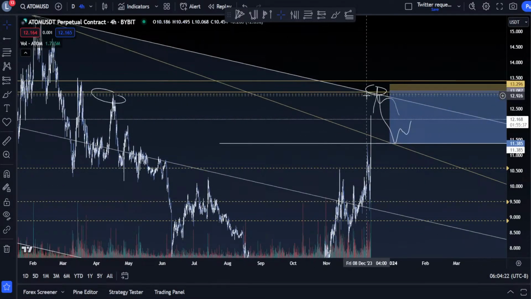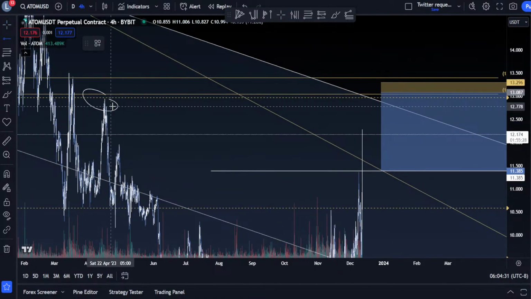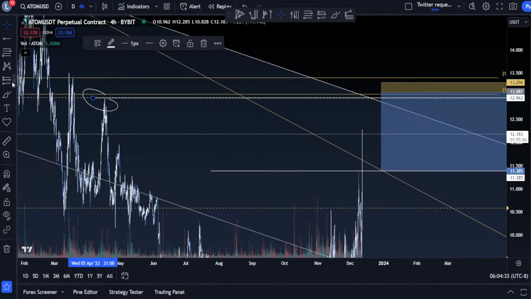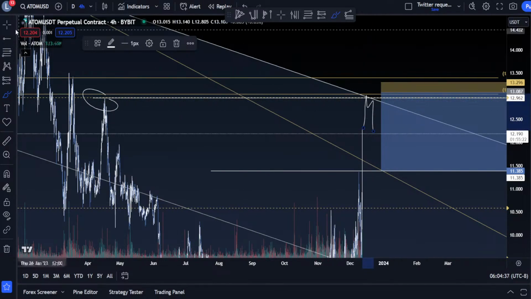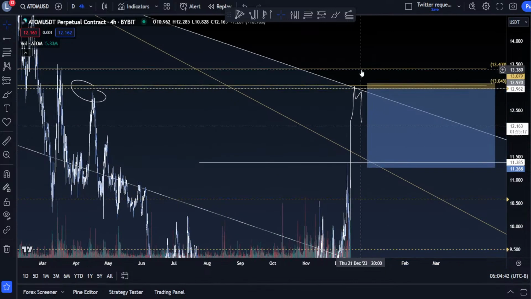I'd want to see price react here. Run this high. Might even be tighter invalidation than that. You might be able to argue trading it very tight. Like this.